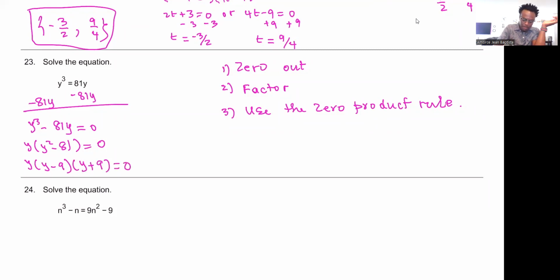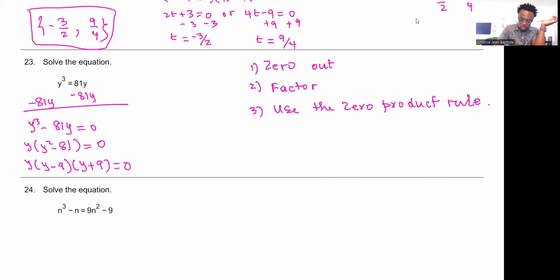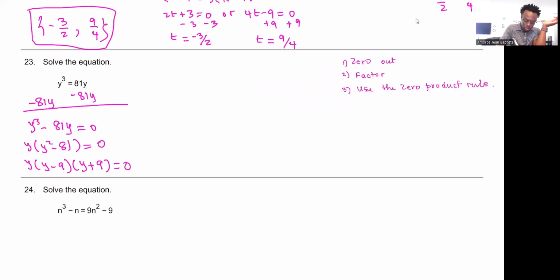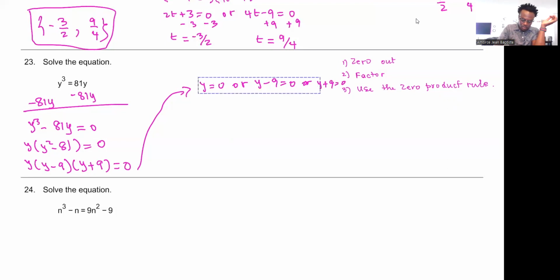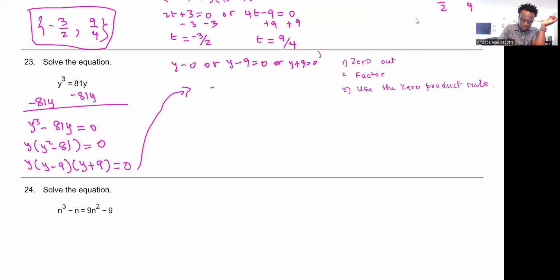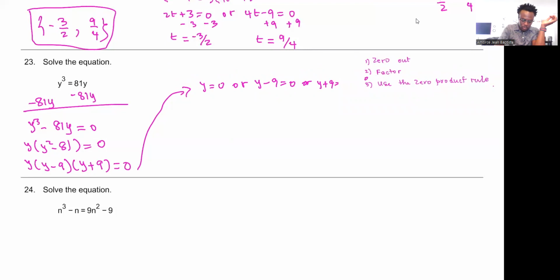Use the zero product property. So that's y equals 0, or y minus 9 equals 0, or y plus 9 equals 0.